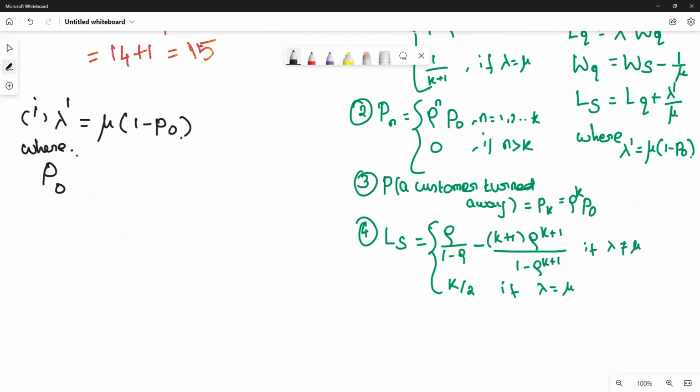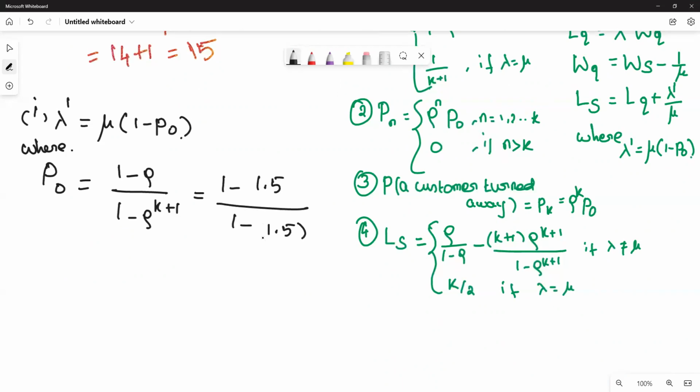P naught is given by the formula (1 minus rho) divided by (1 minus rho to the power K plus 1), which is equal to (1 minus 1.5) divided by (1 minus 1.5) to the power K plus 1, that is 15. Simplifying this, we get P naught as 0.00076.